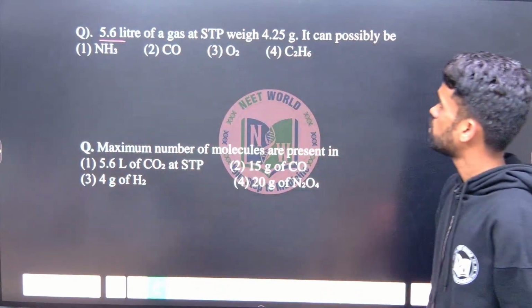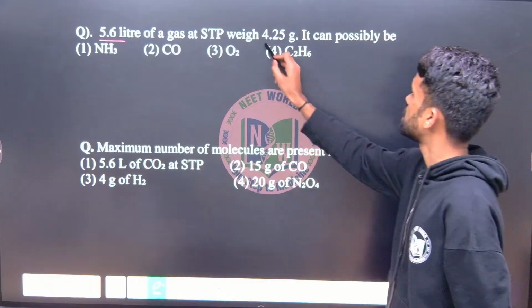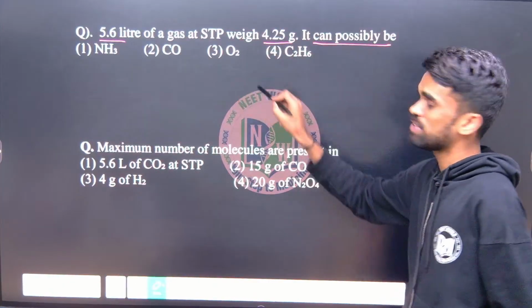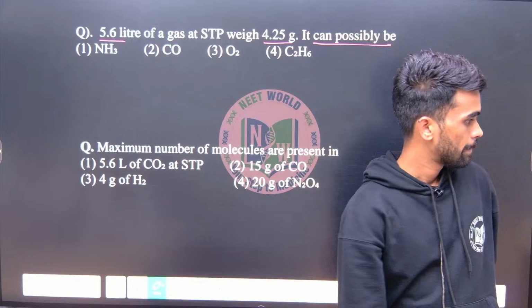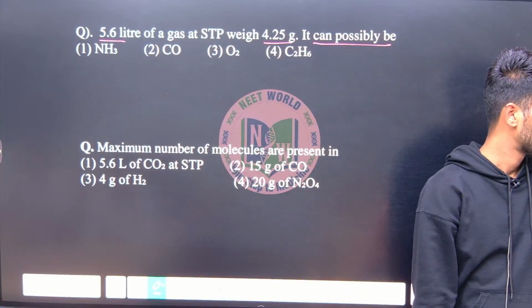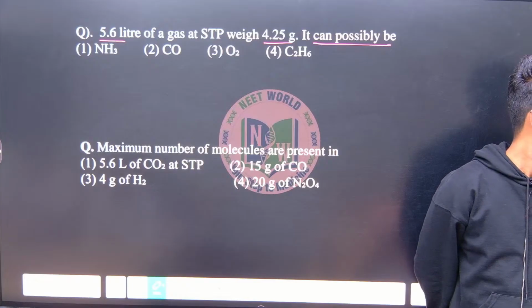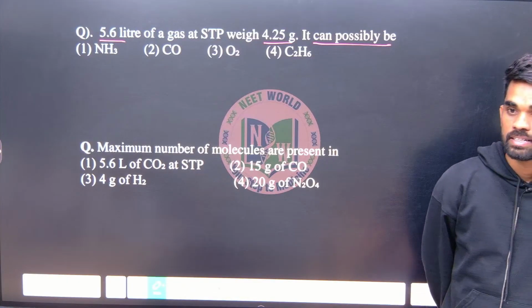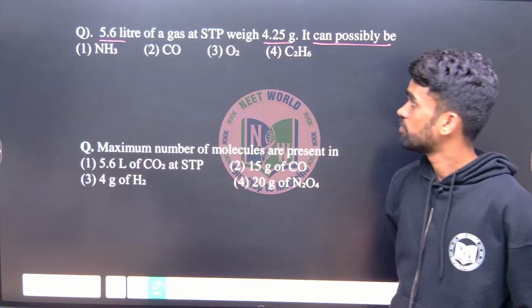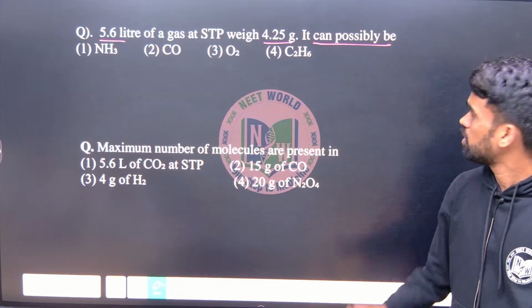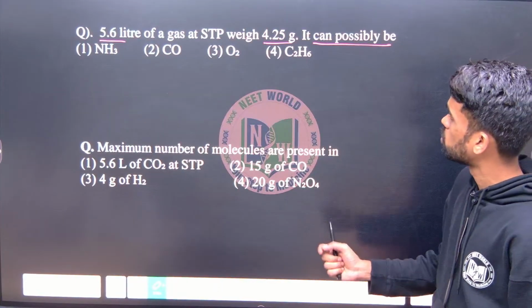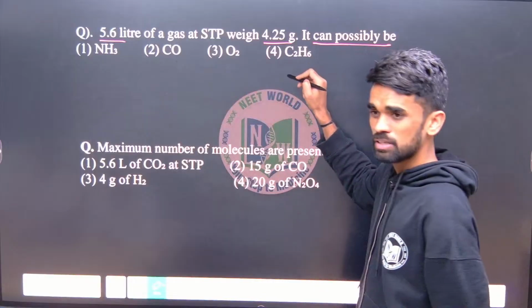5.6 liter of gas at STP weighs this much. So it can be possibly which gas? Very simple. First of all, just do what you can do. There are 4 gases. Okay.